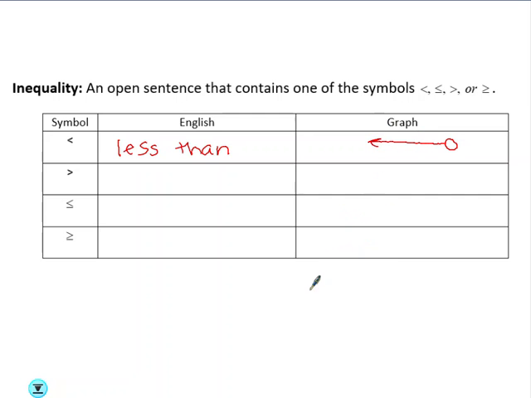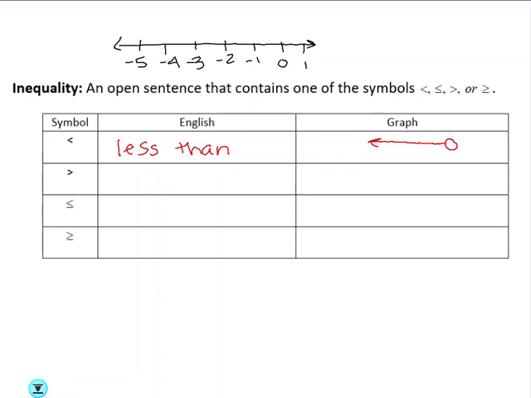When you write out a number line, the smaller numbers are always on the left. So if I am saying that something is less than -1, I would put an open circle at -1 and then an arrow going to the left.